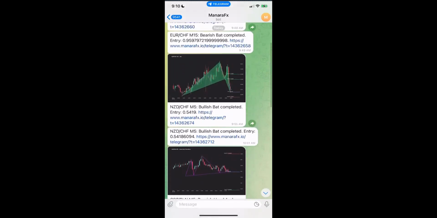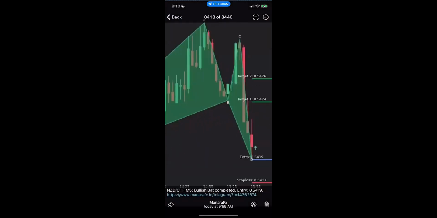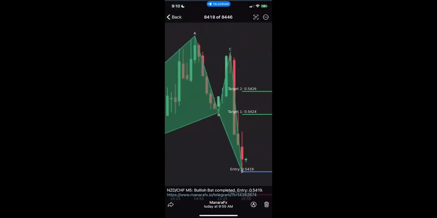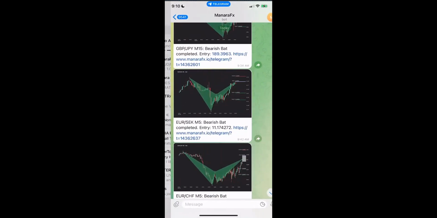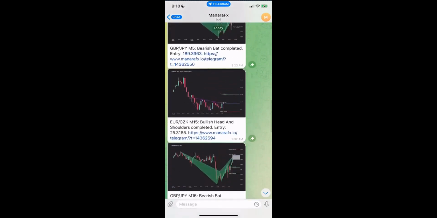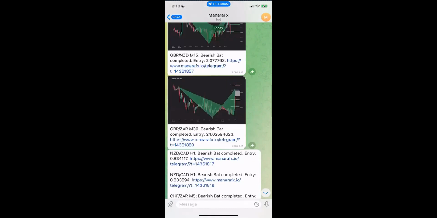Because you get tons and tons of signals, and you have to know which ones you're attracted to, because you can't trade them all. You're going to get so many of them, so you might as well choose the best of the best, or the ones you like the most, the ones that give you the best bang for your buck.